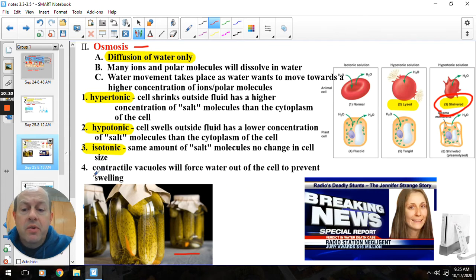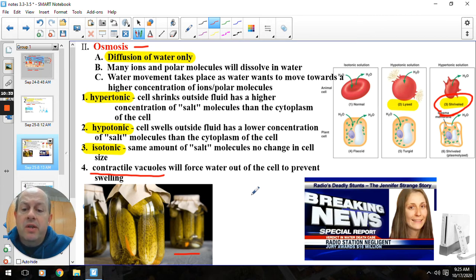Another example would be contractile vacuoles. If you're a freshwater protist, you have a single cell, and you live in fresh water, so your cells are going to be more sugary. So you basically live in a hypotonic solution. The water's constantly coming into your cells, so you've got to figure out a way to pump that out.